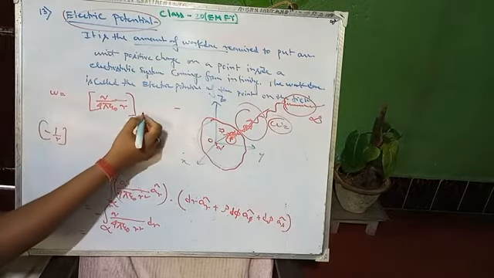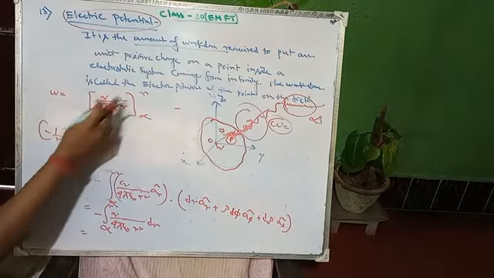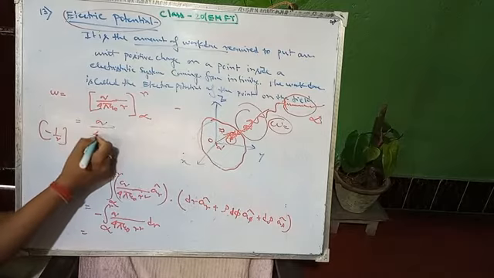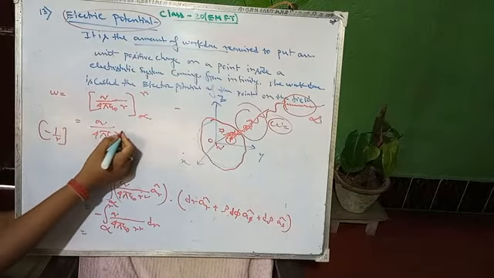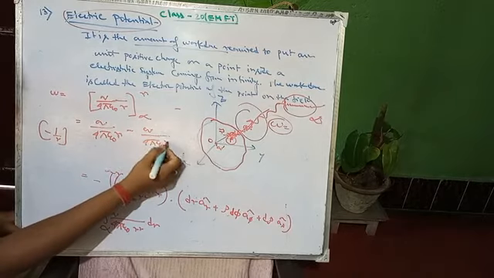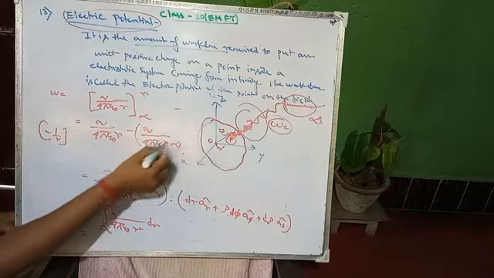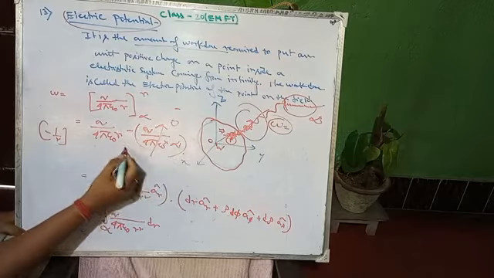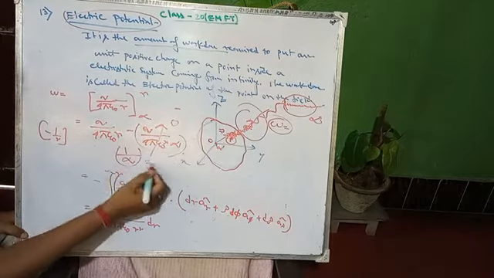So the result will be from infinity to r, and what is upper limit minus lower limit? So q by 4 pi epsilon naught into r minus q by 4 pi epsilon naught into infinity. This one is 0, why? Because something by infinity, or 1 by infinity, equals to 0.